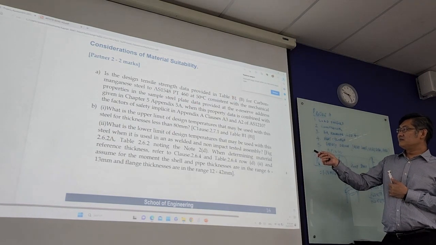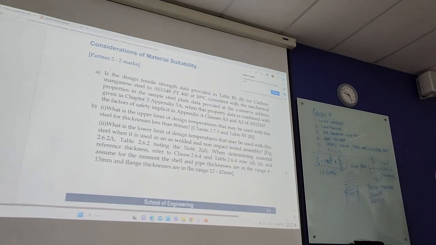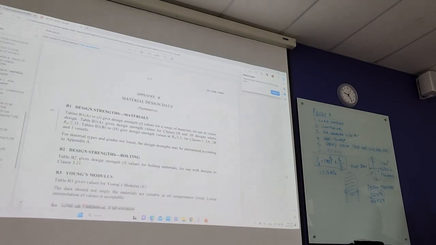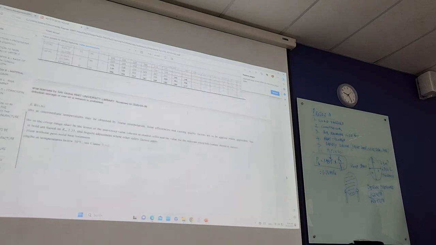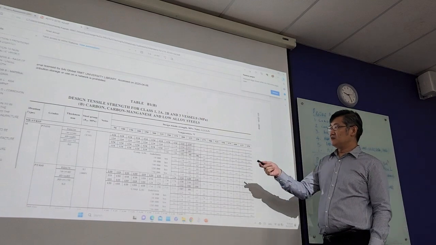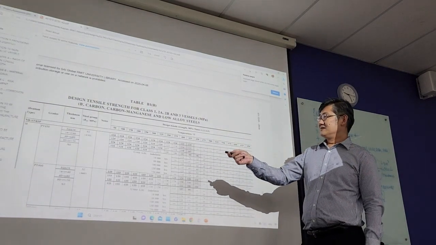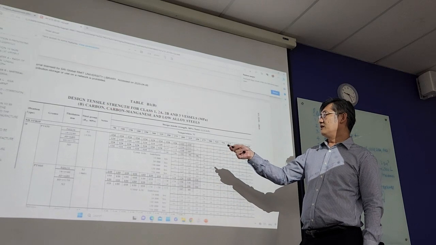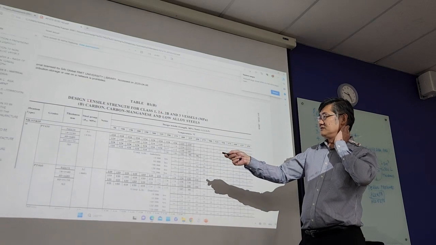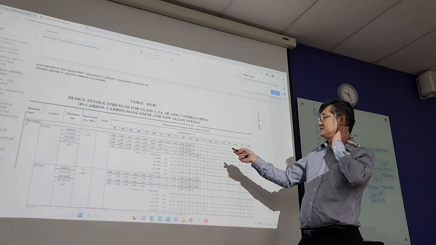So now we go to Table B1(B) in our Australian standard. Okay, so this is the table that you look at, Table B1(B), design tensile strength for class 2A, the one that our question requires us to do: carbon, carbon manganese, and low alloy steels.